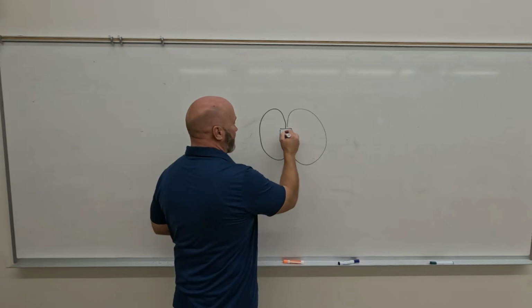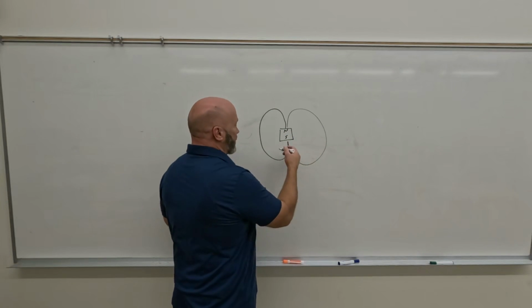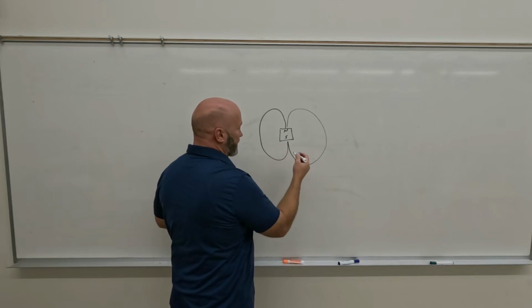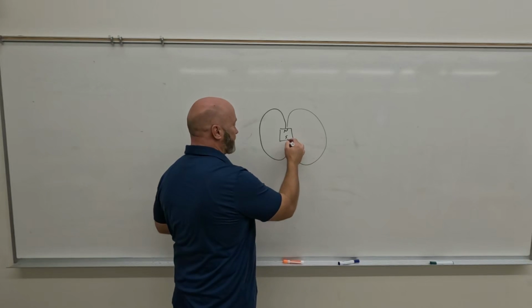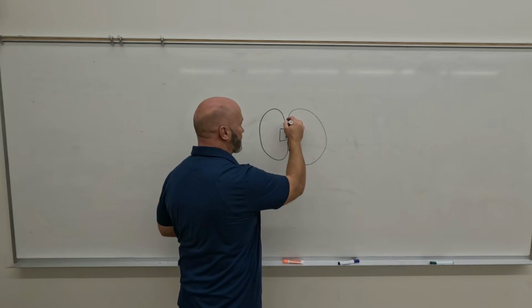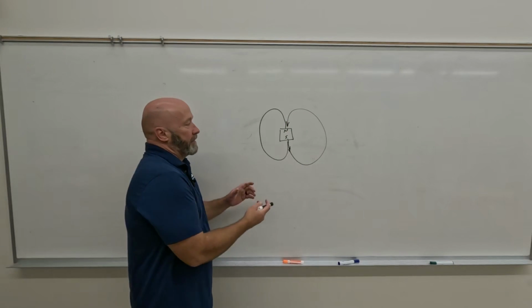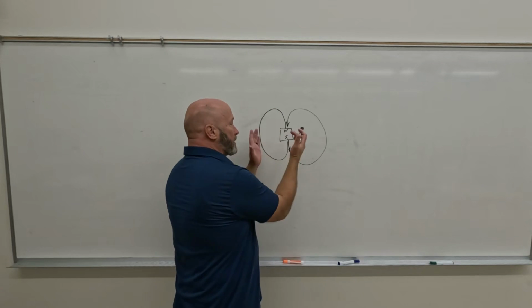So we have a north pole and we have a south pole. It's just a perspective thing. Somebody put north and south on it, and that's what we went with. So the magnetism comes out of the south pole and goes into the north pole. So magnetism is strongest closest to the magnet.